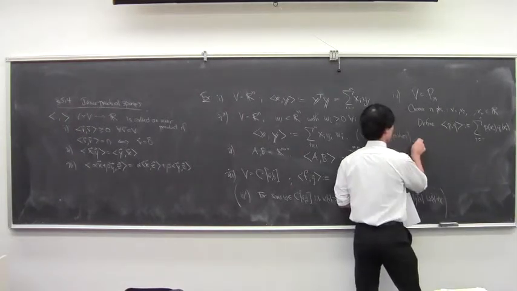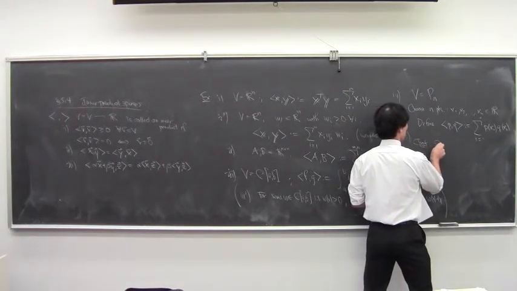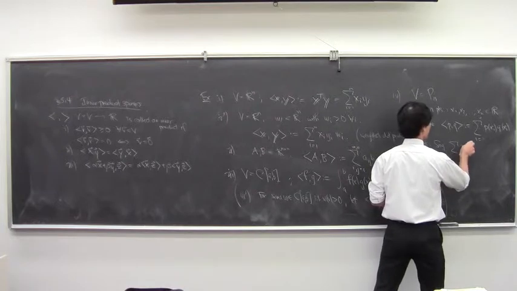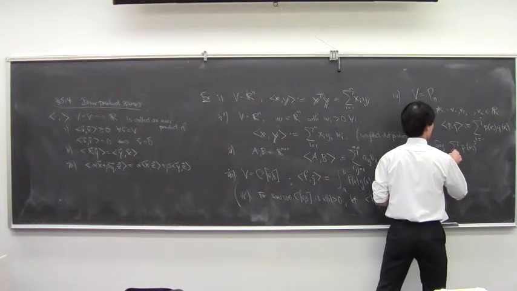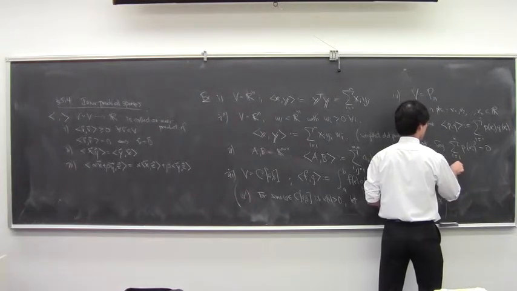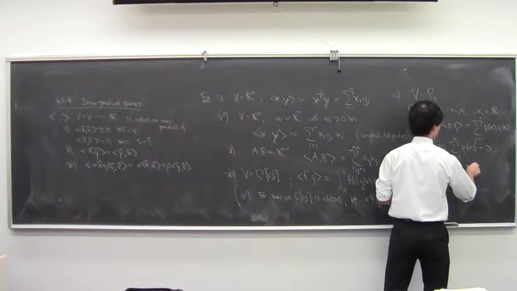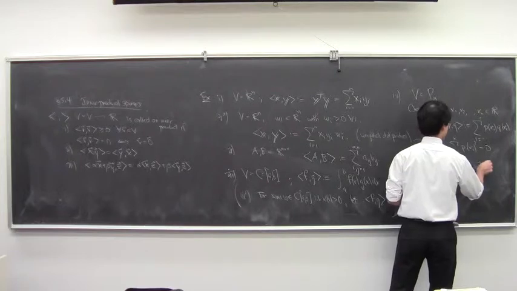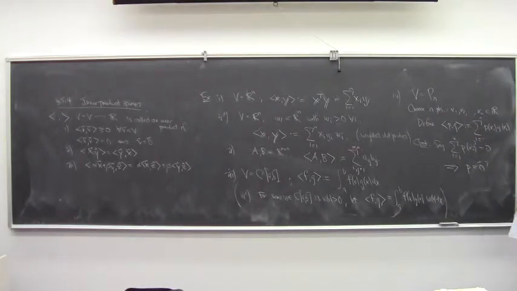So let's check it. Say that the summation of p(xi) squared, i from 1 to n, is 0. Does that imply that p is the 0 polynomial? Yes, why?